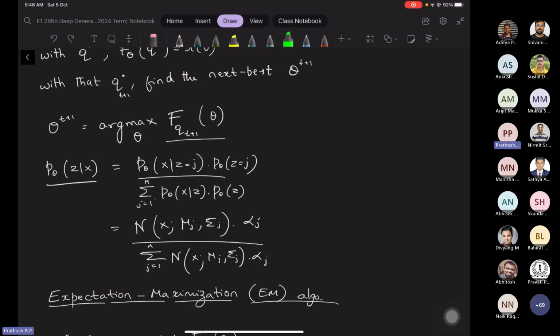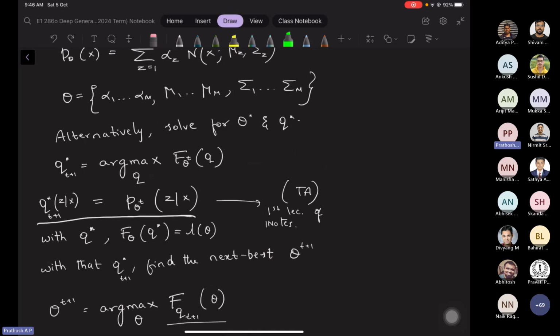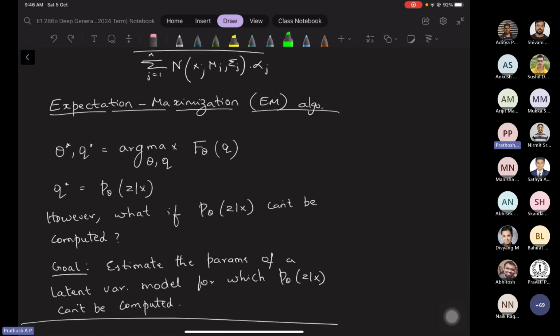Once we get that optimal q, we plug it into this evidence lower bound f theta, optimize it, take a derivative with respect to theta, and find the new theta. With that new theta, you again compute p theta of z given x and keep alternating between them, which is called the expectation maximization algorithm.